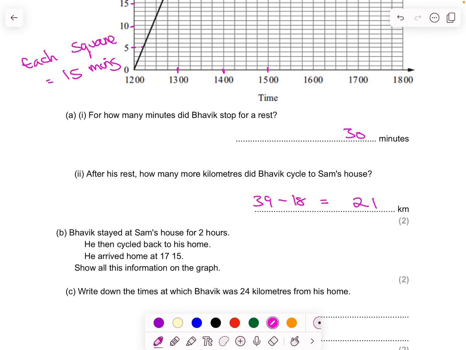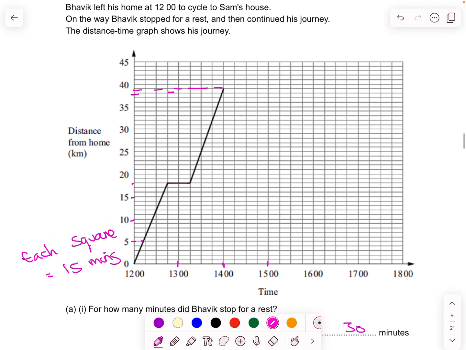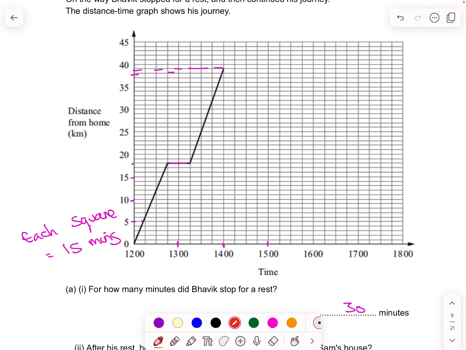Okay. Right, then it says Bavik stayed at Sam's house for 2 hours, then cycled back to his home. Okay, so let's do the horizontal bit where he stops for 2 hours. He gets there at 2 o'clock, and so 2 hours would mean that at 4 he is going back.